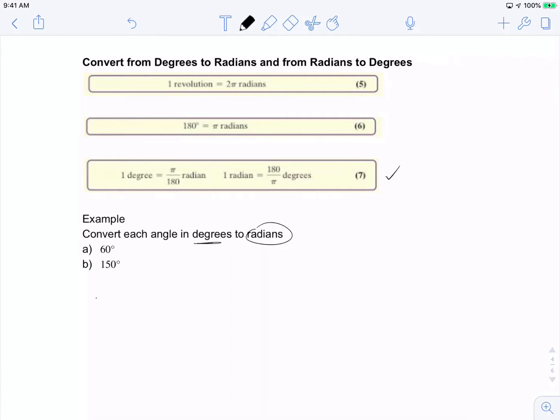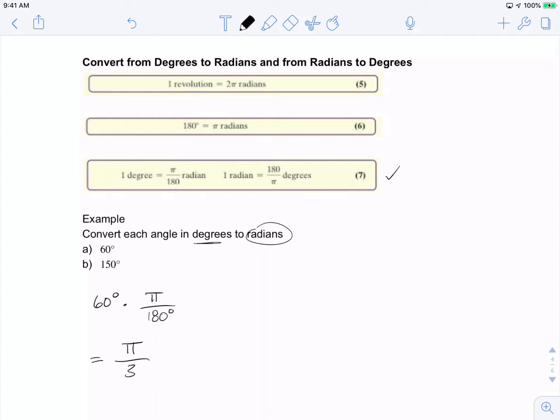So let me do example A. 60 degrees times this ratio. Since I want radians, I want pi in the numerator, and I want the 180 degrees in the denominator. Now, 60 divided by 180 is going to be a 3, and we're going to have pi over 3 as our solution.